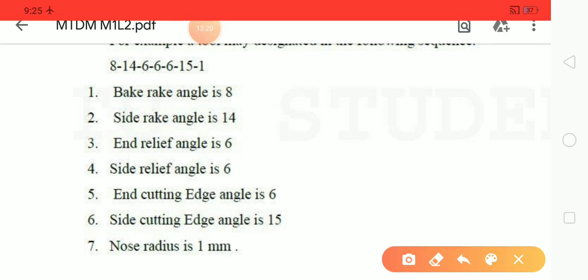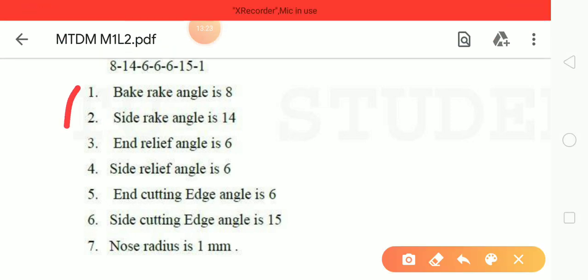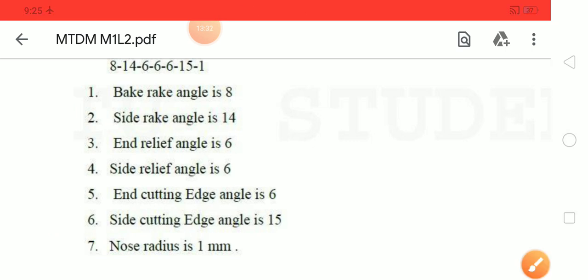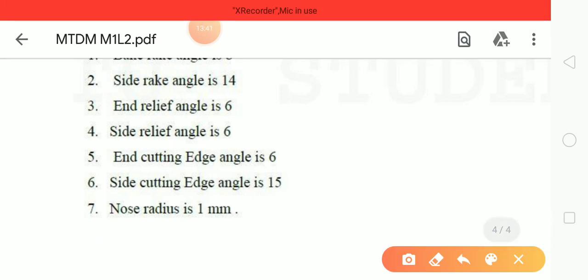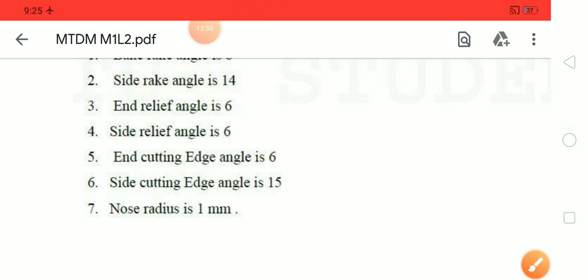Here you can see it is in an order. The order has to be uniform throughout the world, so that there is no change in the tool dimension. So you have to learn it by heart. It is easy to remember: first two angles, back rake angle, side rake angle.